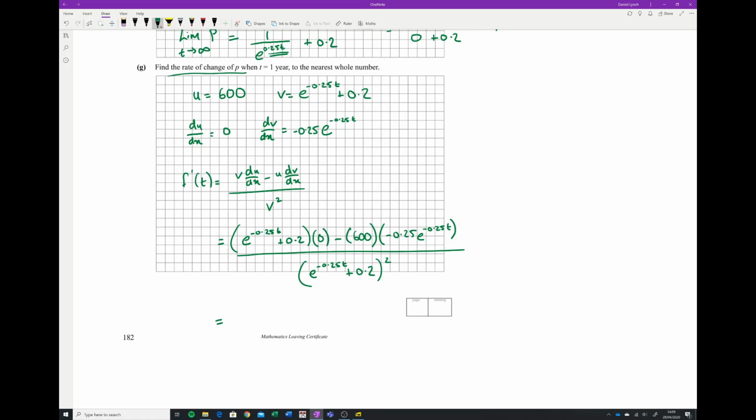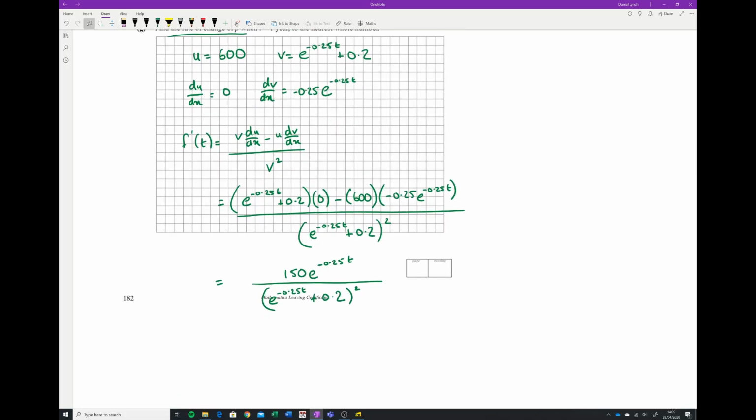So there's going to be a lot of things to type in here. We should probably make this a little bit easier. So we'll say 150 e to the minus 0.25t. Down here, there's not much you can do with that, really. Plus 0.2, and it is going to be squared. What we want to do in this case is say what's f dash of t when t is 1.